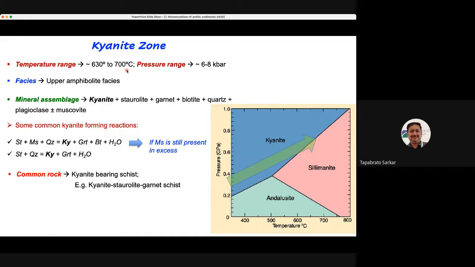But you see much more change in the pelitic bulk composition, which means it is more sensitive to pressure and temperature compared to the mafic rocks. That's why, to determine the P-T conditions of metamorphism, pelitic rocks give us much better information compared to the mafic rocks.